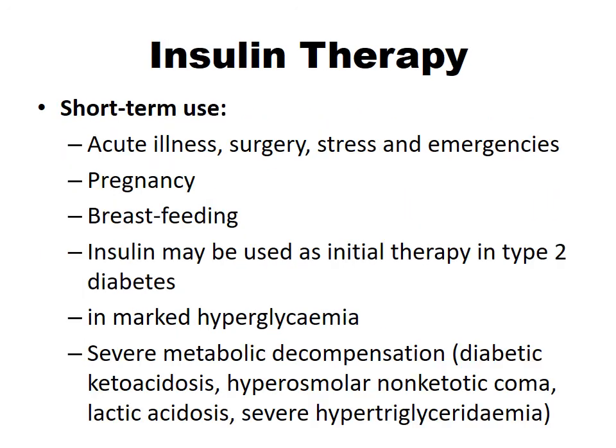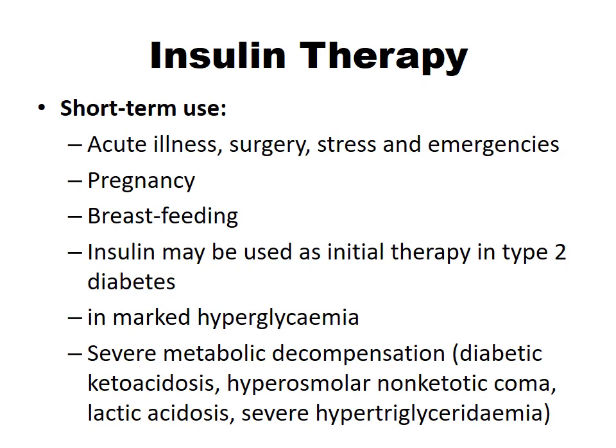Insulin therapy can be used for short-term use. Insulin is recommended for emergencies such as acute illness, surgery, and stress. During pregnancy and breastfeeding, it may be used in type 2 diabetes.